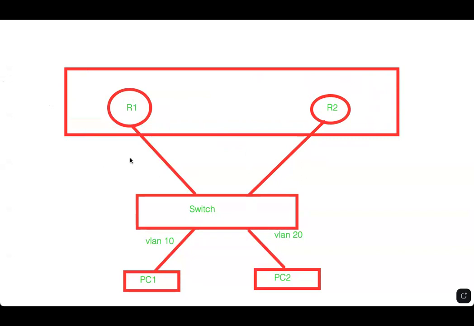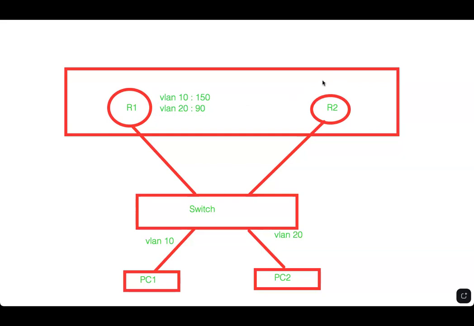So as I told you, we can separate the priorities at the VLAN level. On this gateway, we can set VLAN 10 priority as 150 and VLAN 20 priority as 90.